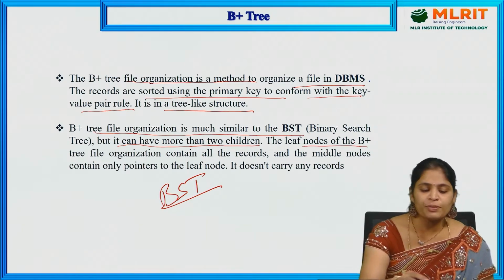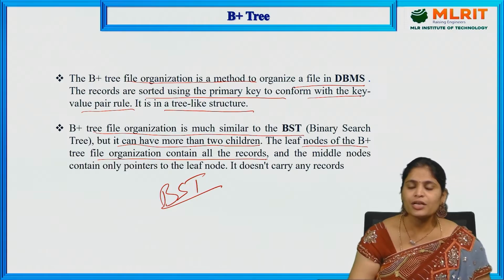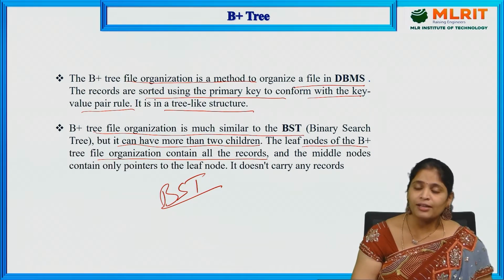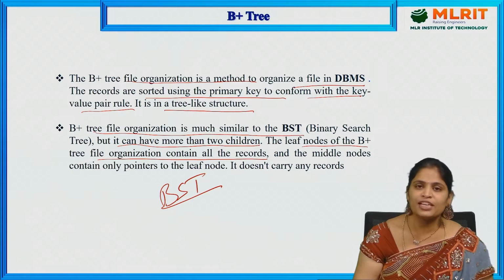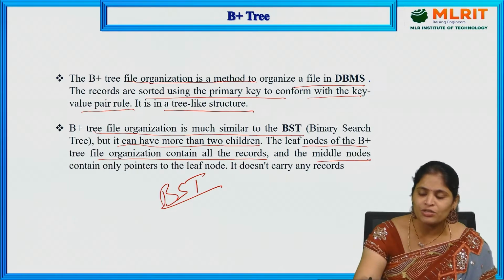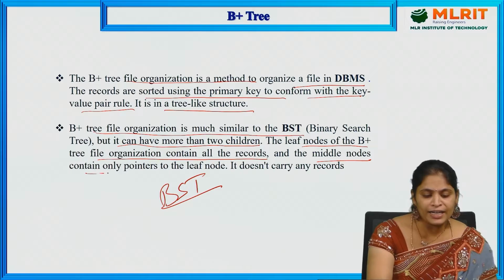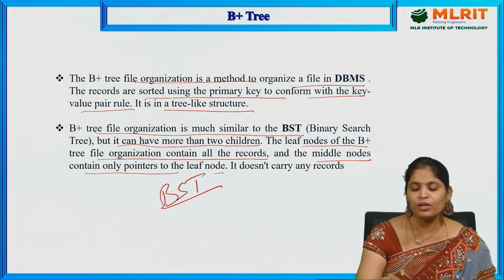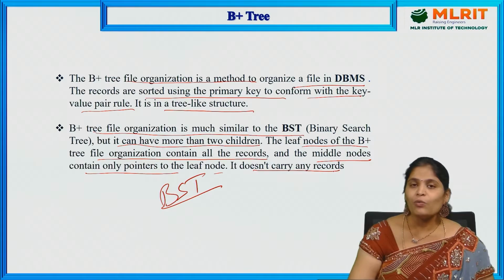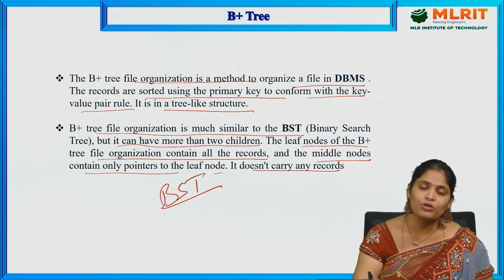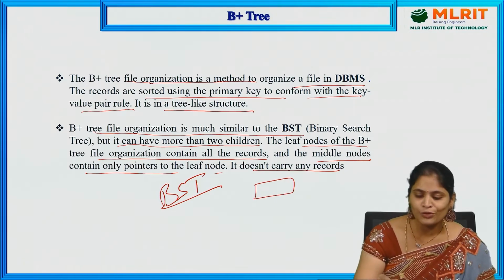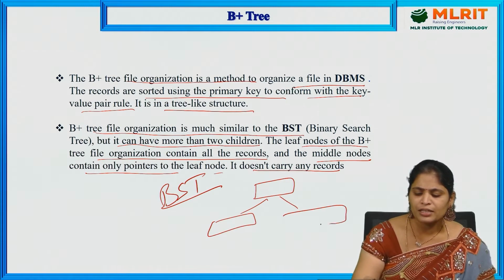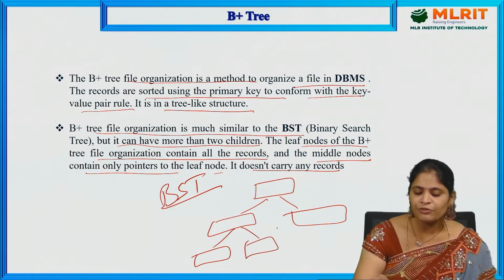The leaf nodes of B+Tree file organization contain all the records. Whatever the actual data, that data will be stored in the leaf nodes only. All the internal nodes act as pointers to these leaf nodes. The middle nodes, that is the internal nodes, contain only pointers to the leaf nodes. They don't carry any records. For example, let us consider this is a node, and these are the leaf nodes.